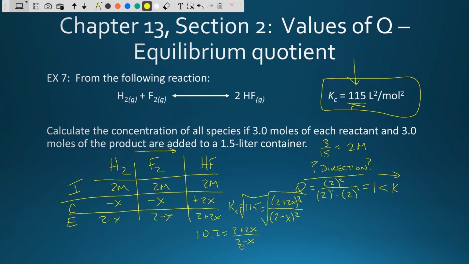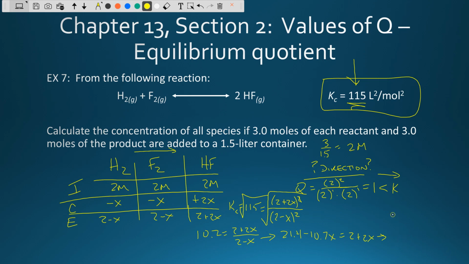Now let's multiply both sides by 2 minus x. If I do that, I end up with 21.4 minus 10.7x, which will equal my 2 plus 2x. Now let's combine the like terms. Notice this is just algebra, guys. This isn't too bad.